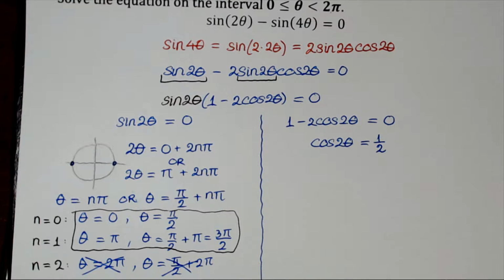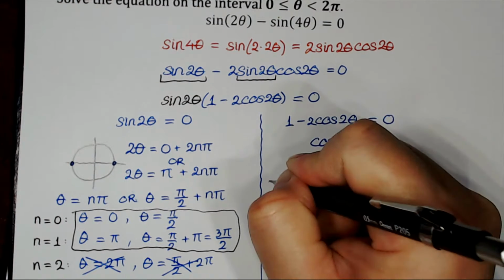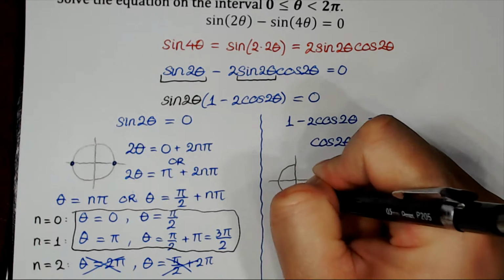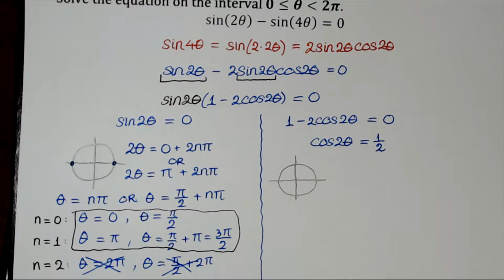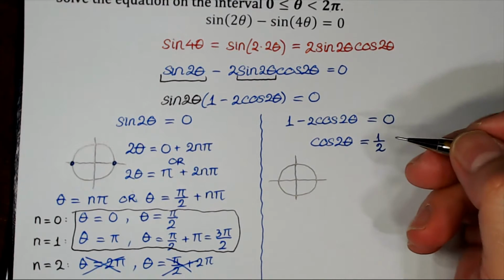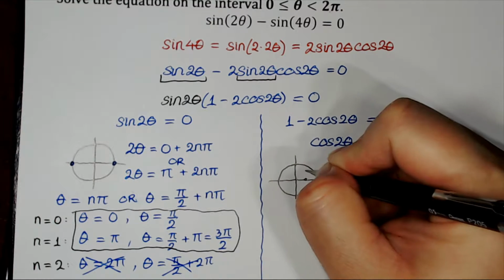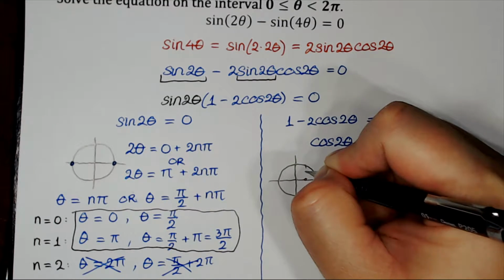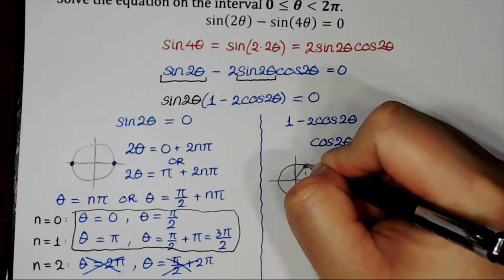Now we go to the other side. Cosine of an angle is equivalent to the x values. The x values of 1/2 will be right here. So associated to that we have two angles.